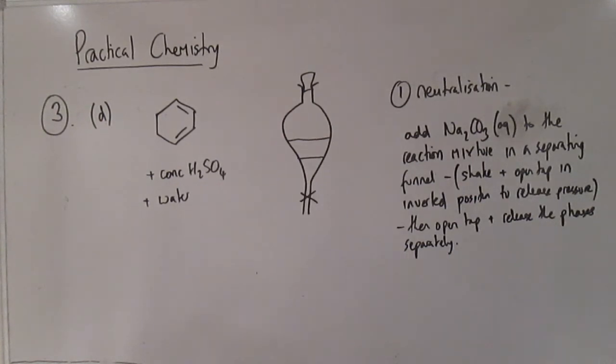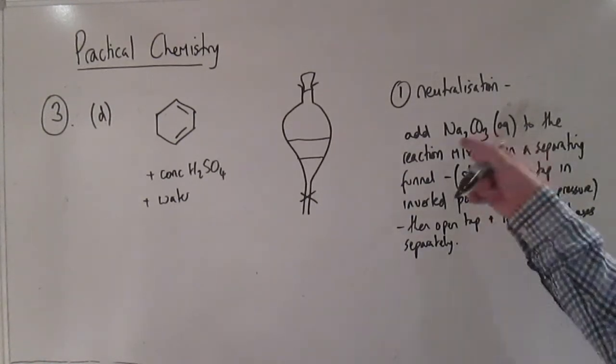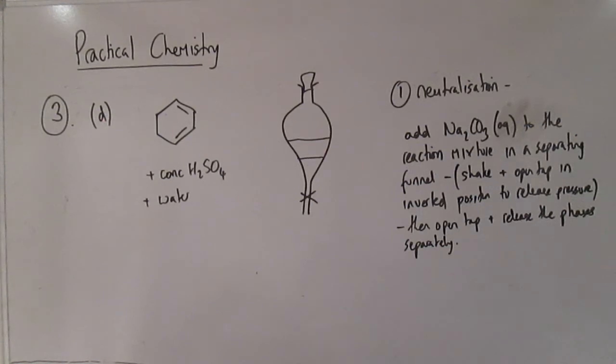It then prompts you to say wash it. What does that mean? Well, it means that you should now have got rid of your acid, or most of it anyway, but of course you're going to have some sodium carbonate there, and there'll still be potentially other water-soluble things there as well, but mainly it's the sodium carbonate that you've now got to get rid of.